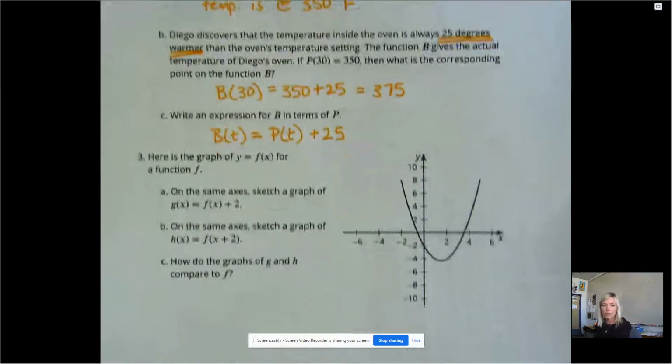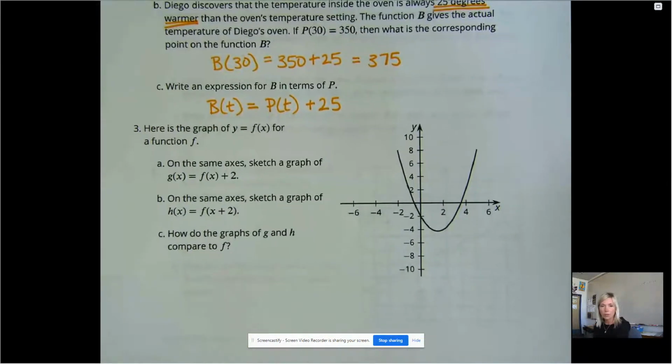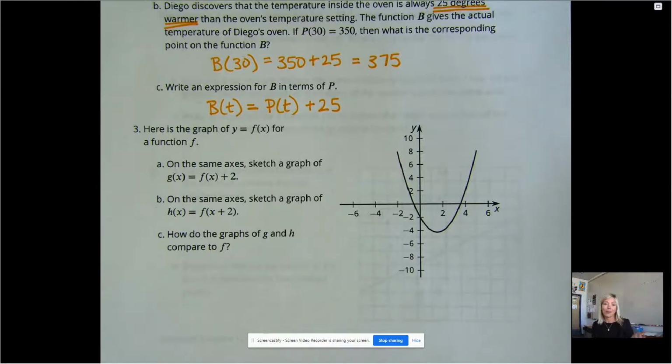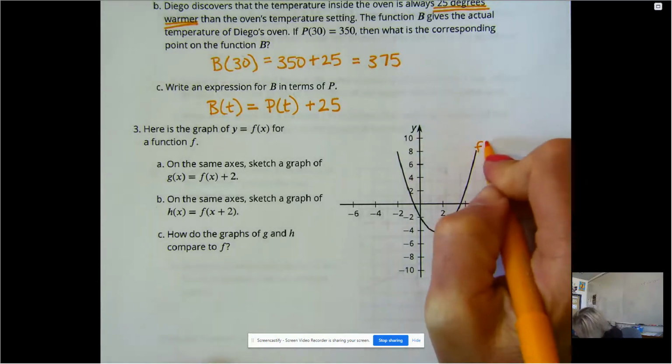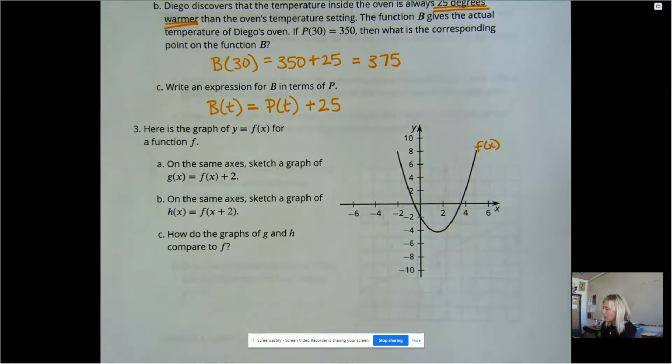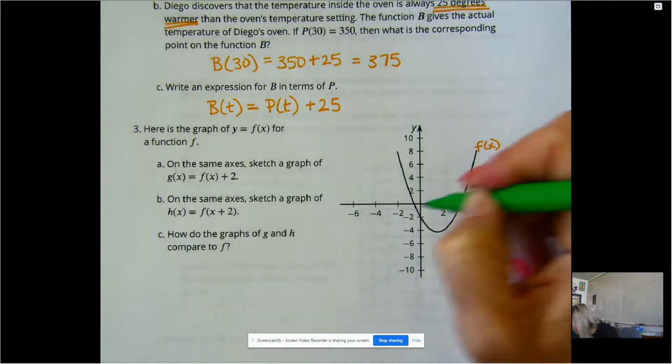Right, number 3, we get to do some sketching on number 3 and without a grid, so I'll just do my best there. So here is the graph for y equals f of x. On the same axis, sketch a graph of g of x, which is f of x plus 2. That plus 2 is an output shift, and so we're going to move each of the points up 2 places.